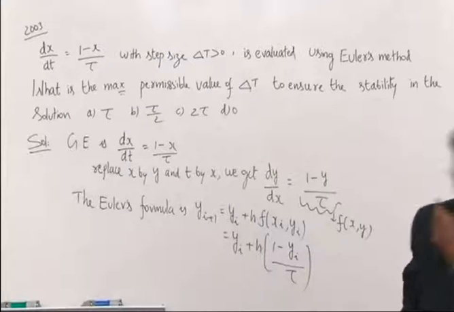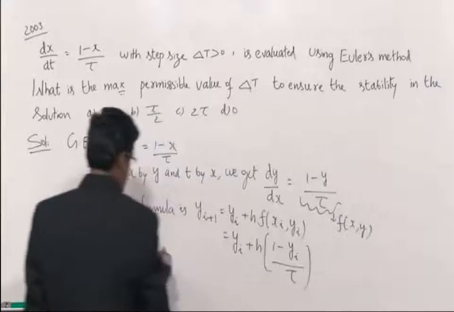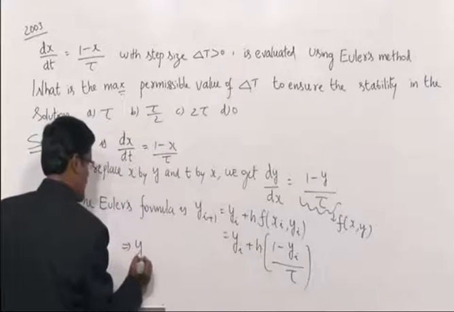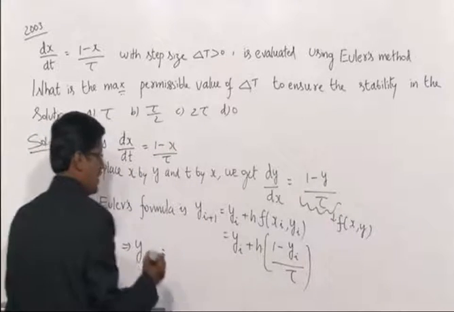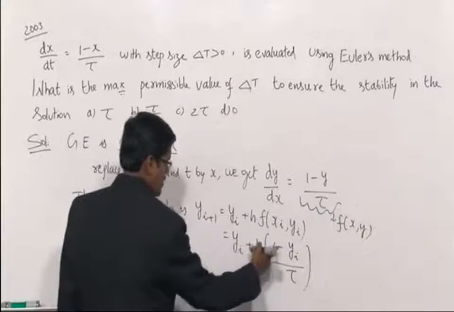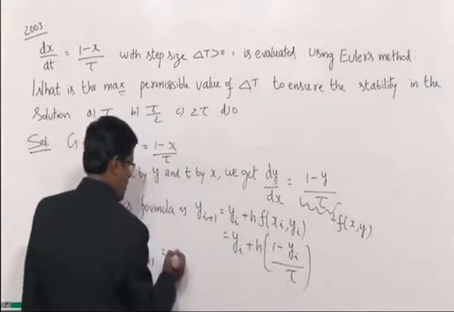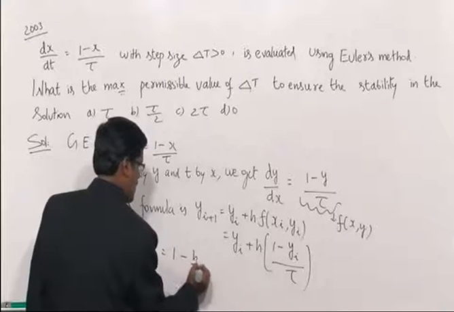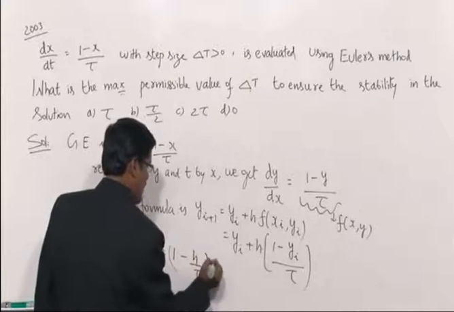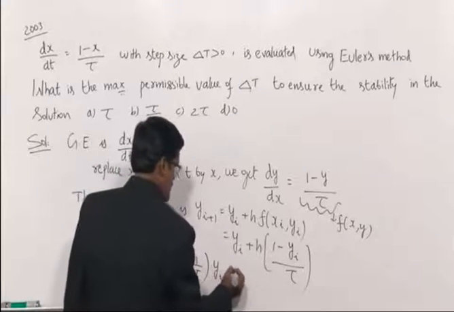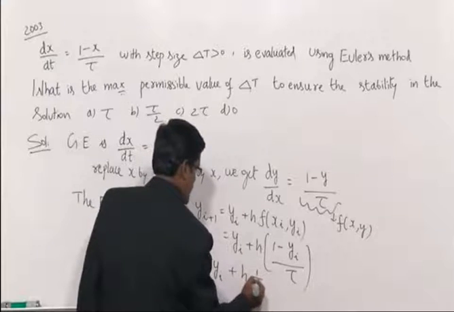So this simplifies to y i plus 1, how many times of y i here? Take y i terms common: 1 minus h by tau into y i, other terms are h into 1 by tau.